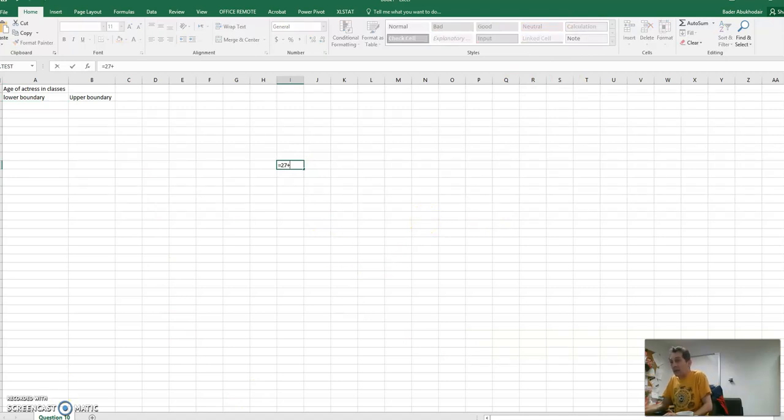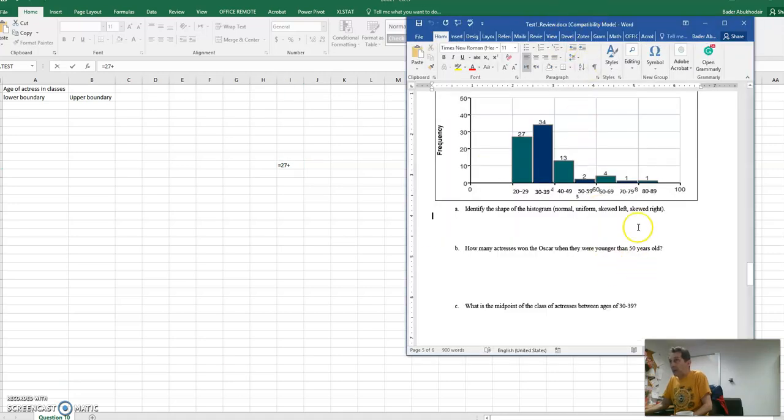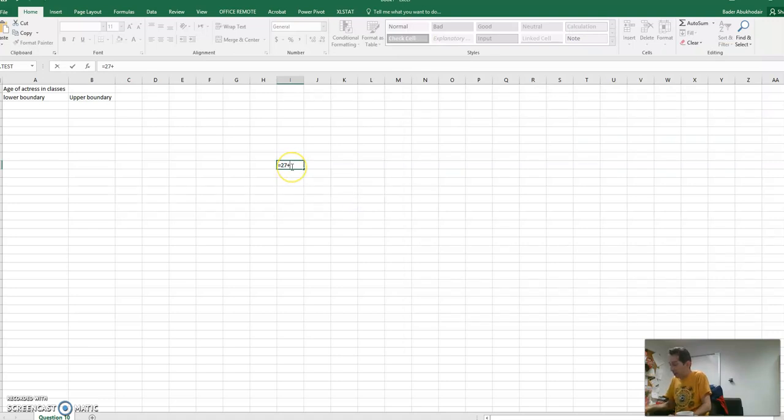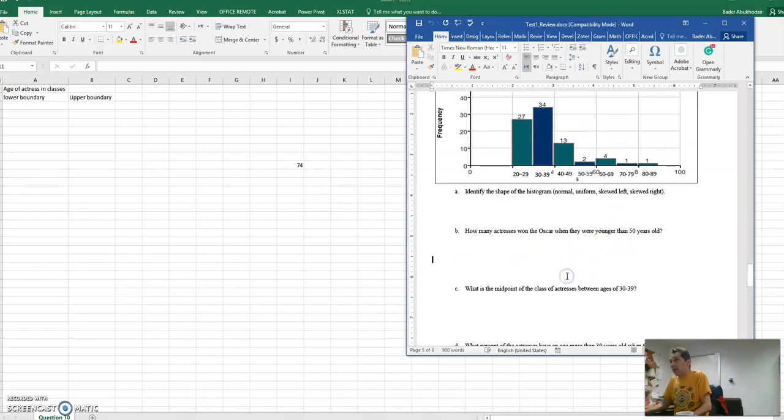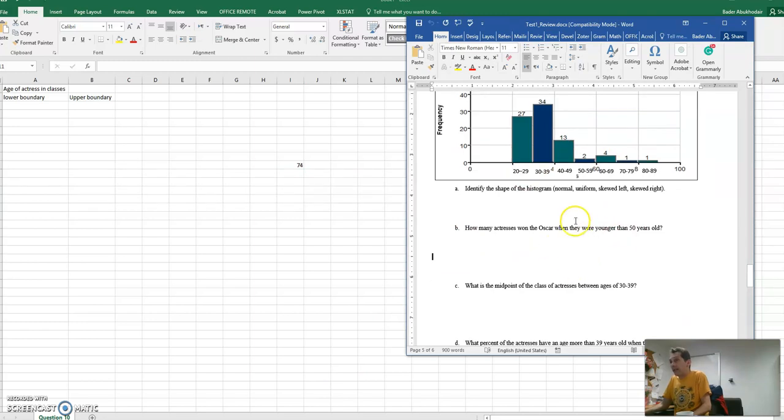You see, I use Excel as a calculator as well. 27 plus 34 plus 13, right? And you have 74. So the answer for this question, the second one, is 74 actresses less than 50 years old.